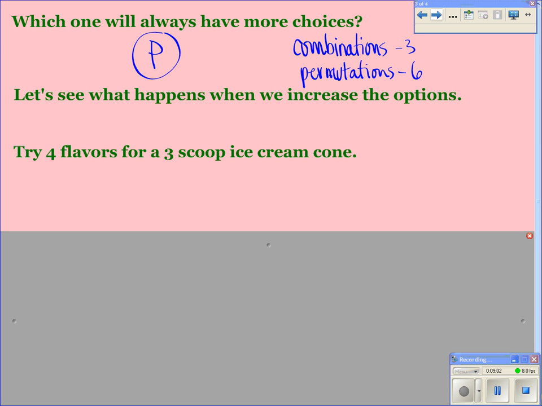So because the order does not matter, we are going to use a combination of 4 options, choosing 3 scoops. So if you go into your calculator, we're going to do 4 NCR 3, and we get 4 different ways to make that ice cream cone.